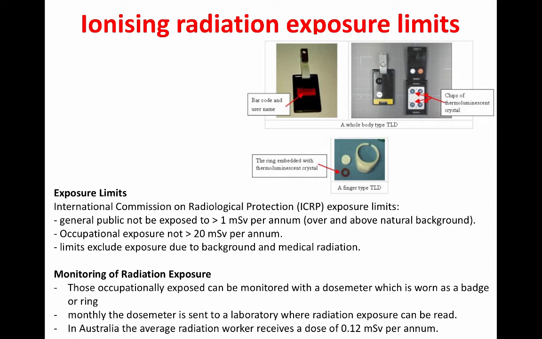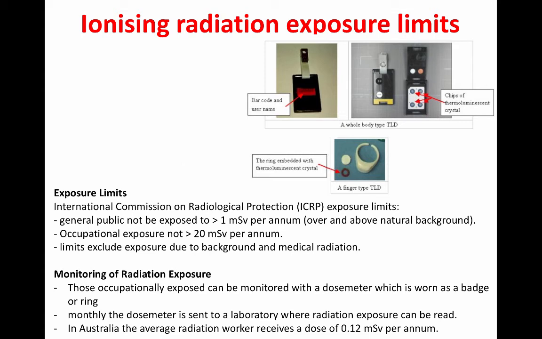The occupational exposure is set at 20 millisieverts per annum, averaged over 5 years with no more than a dose of 50 in one of those years. And again, those limits exclude exposure due to background and medical radiation.